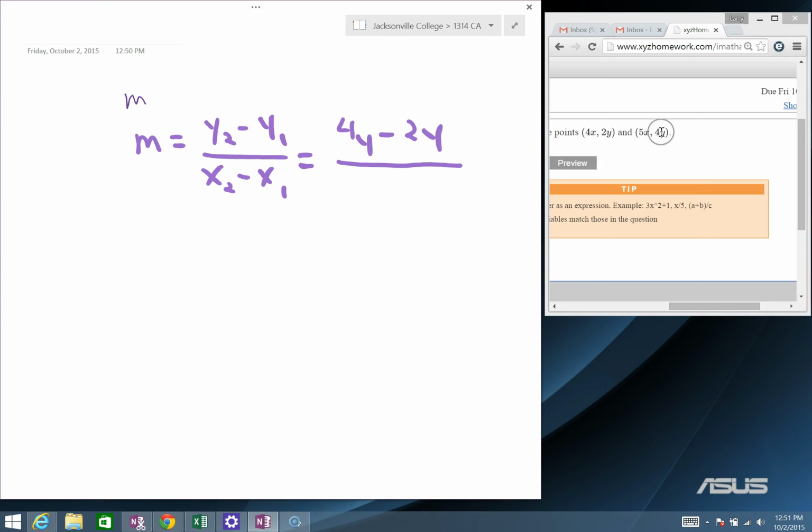My x's, since I subtracted 4y minus 2y, I must subtract 5x minus 4x. So my denominator is 5x minus 4x. Well, 4y minus 2y is 2y, and 5x minus 4x is 1x. And 2 divided by 1 is 2, so I could simply leave this as 2y over x. In this case, our slope is 2 y units per every 1 x unit.